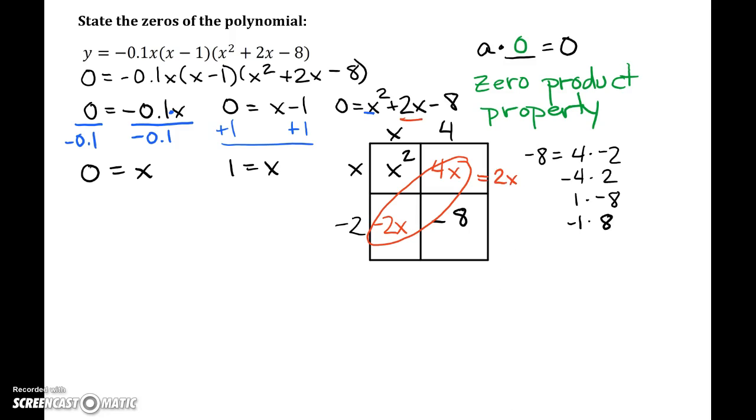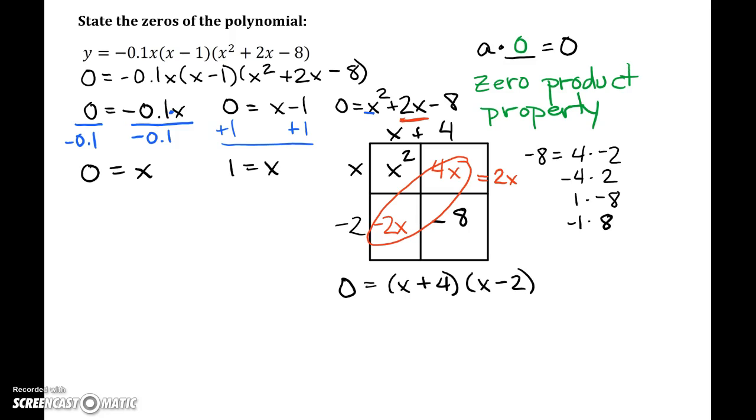And that's what we wanted in the original equation. So I do have the correct factored form. So now I can write the equation as 0 equals x plus 4 from the top. We put a plus because it's a positive 4. And along the side, x minus 2.